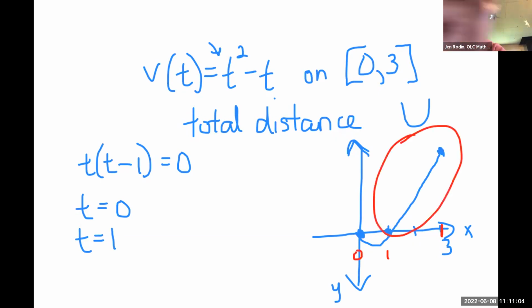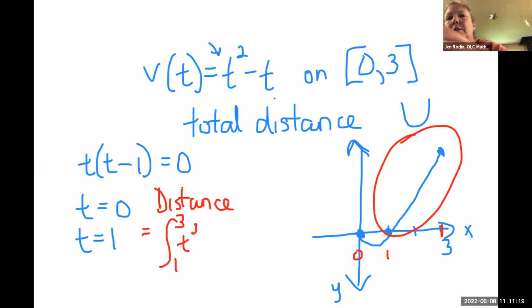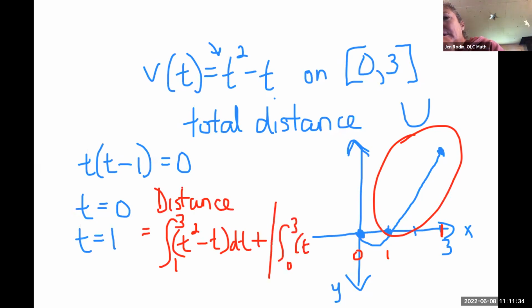This part, I can just do the regular integral. So the distance, let me do that first because it doesn't matter. Is the regular integral, but just from 1 to 3, the part that's above ground of the function. Plus, I want the absolute value of the integral from 0 to 3 of that same function.